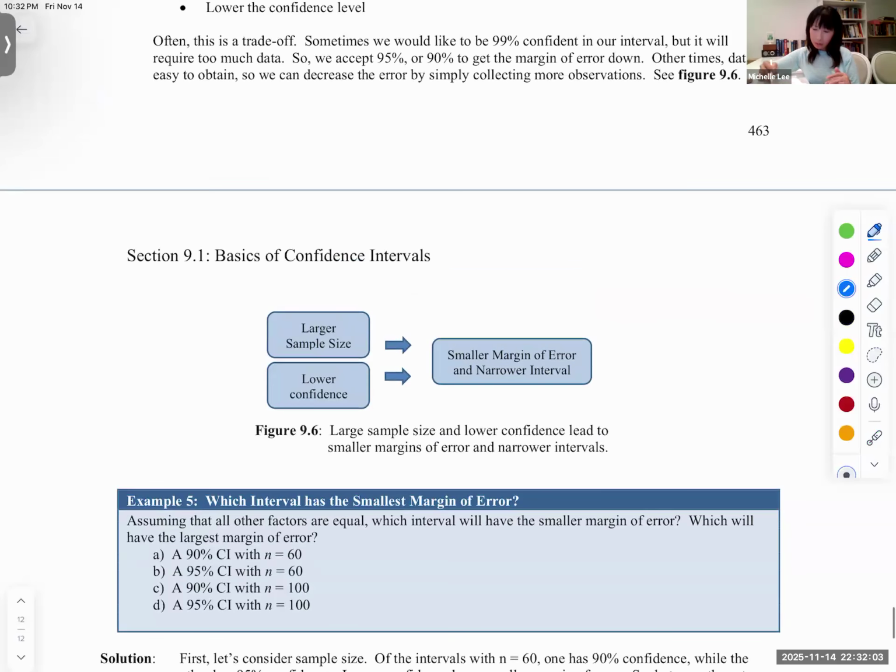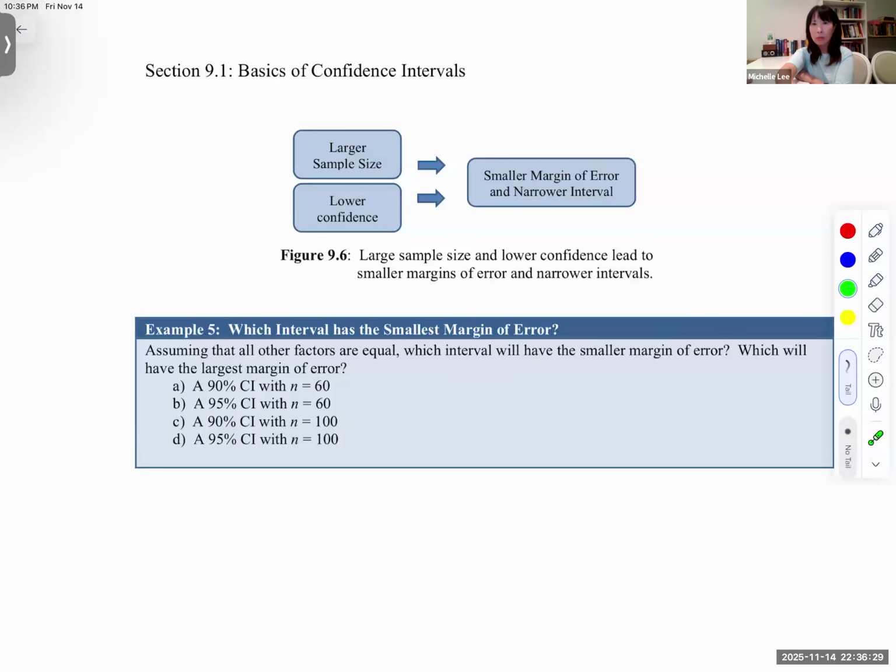All right, so let me copy this one and then let us do this question. Then we are done. Let's do this example.